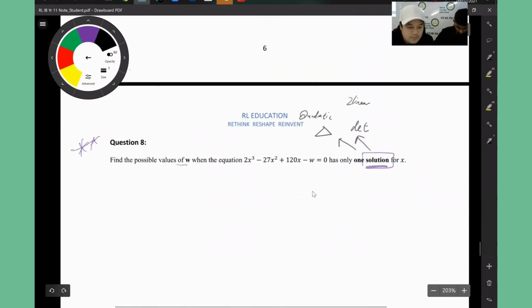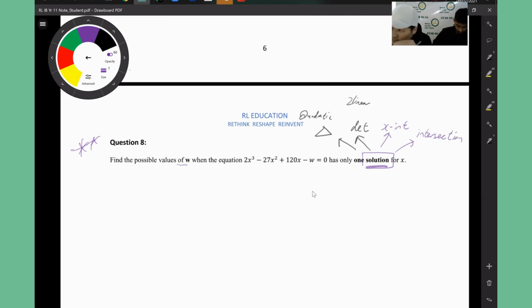Then the next interpretation is x-intercept. And the last interpretation is intersection. So when should I use x-intercept? When should I use intersection?